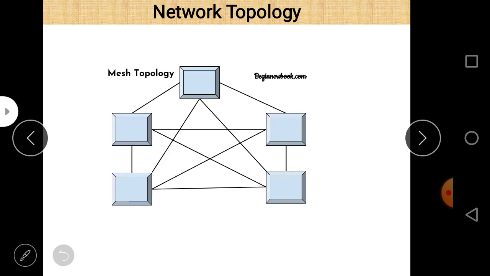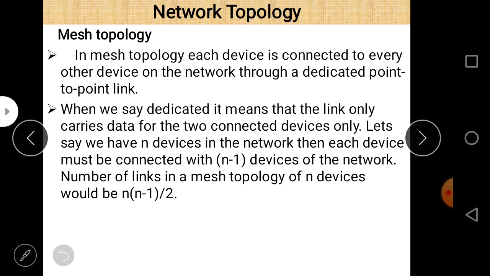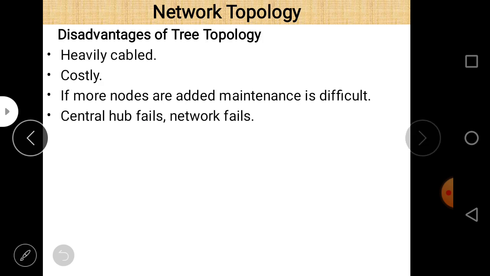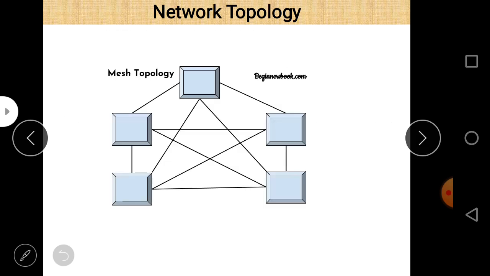Next is mesh topology. This is a diagram of mesh topology. First of all, see the diagram, and there is a clear-cut idea that each and every node is connected to other nodes. You can see that this node is connected to this, and this.